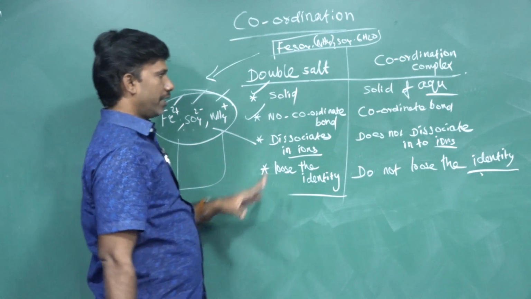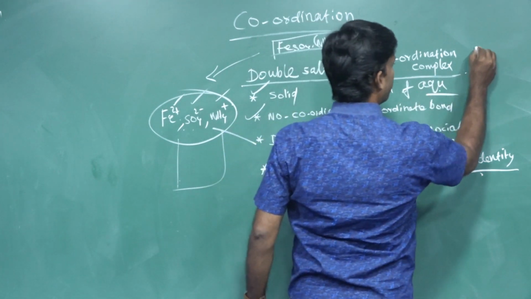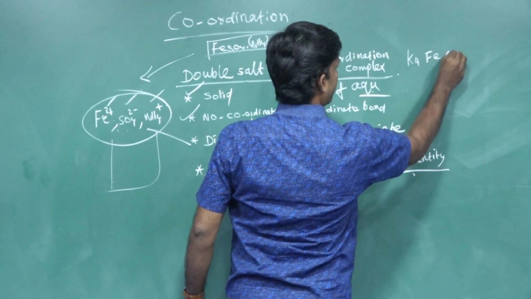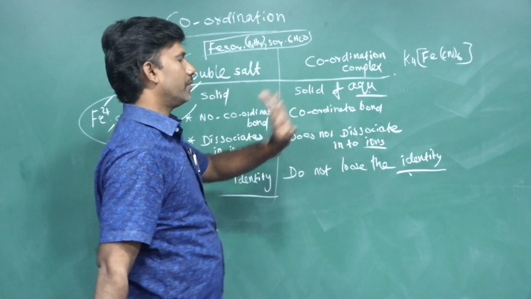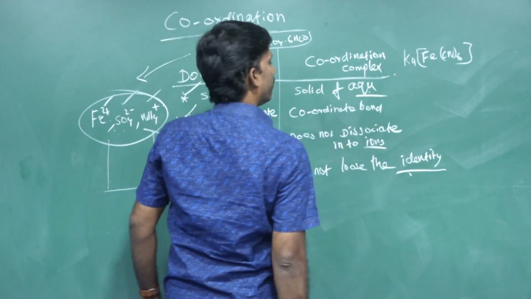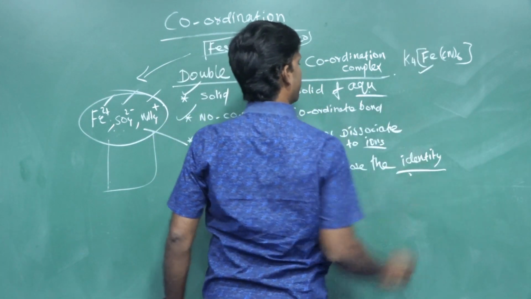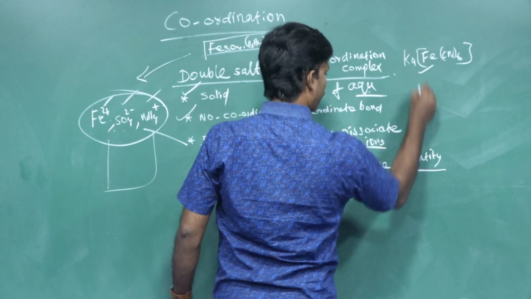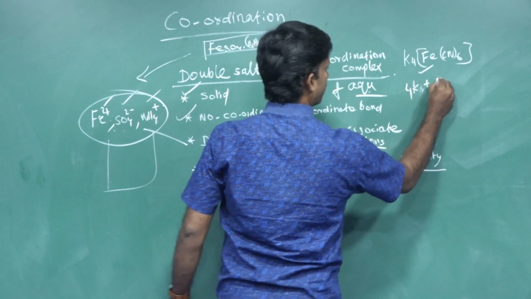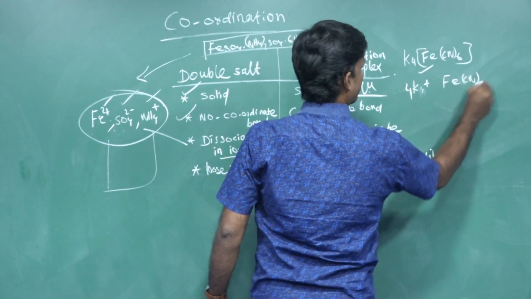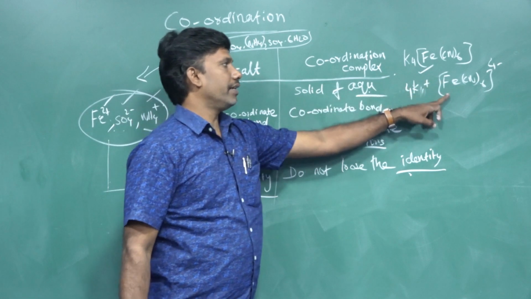In contrast, a coordination complex can exist in both solid and aqueous form. For example, K4Fe(CN)6. A coordination compound is also an addition compound made from two salts. But in solid it exists the same, and in aqueous solution it behaves the same. If you ionize it, it gives only 4K+ and the complex ion Fe(CN)6 4-.